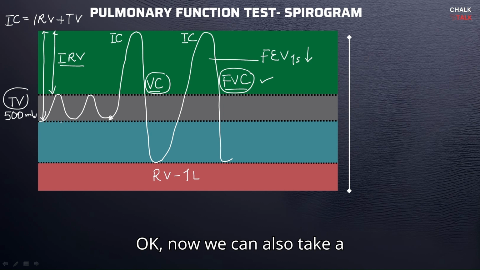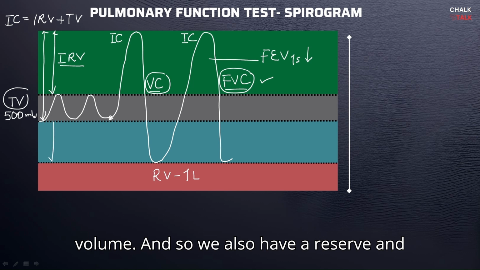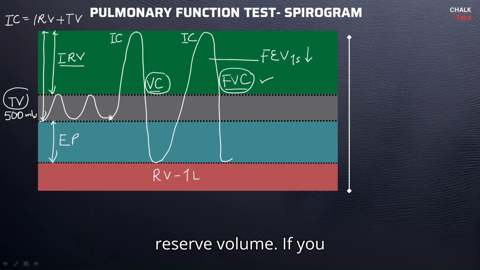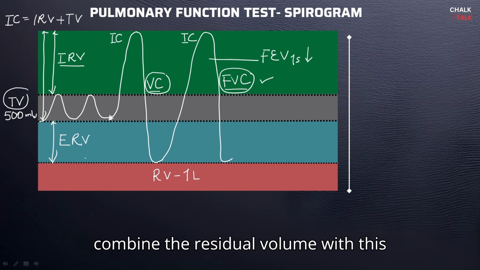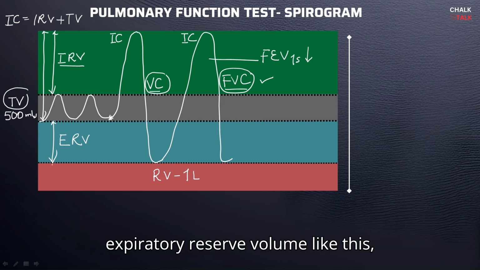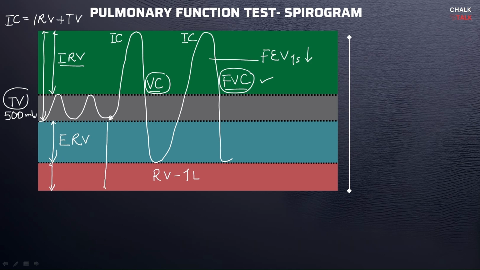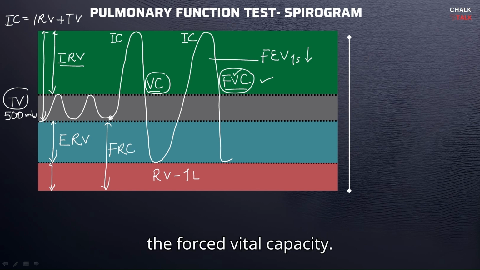Okay, now we can also take a breath out aside from the tidal volume. And so we also have a reserve, and that's going to be called your expiratory reserve volume. If you combine the residual volume with this expiratory reserve volume like this, we get something known as functional residual capacity, which should not be confused with the forced vital capacity.